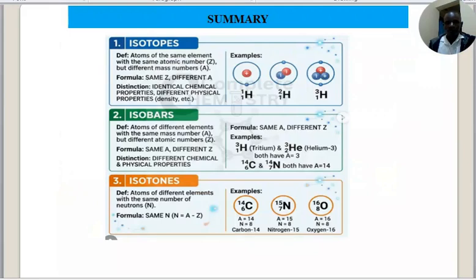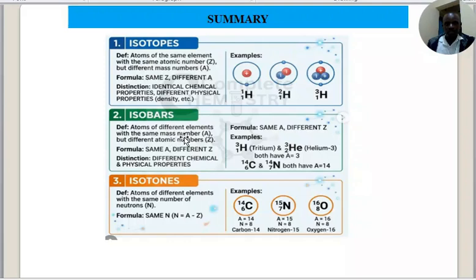In summary, we can therefore say that isotopes are atoms of the same element which have the same atomic number but different mass number, which is brought about by different number of neutrons. Now we look at isobars.